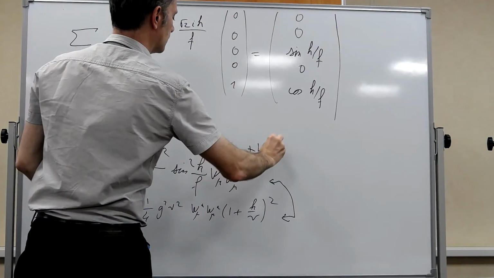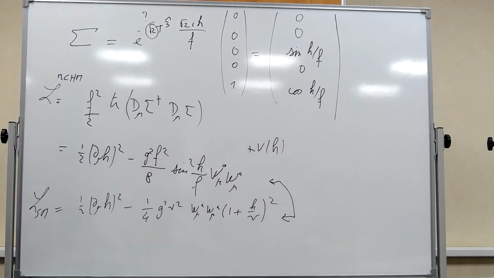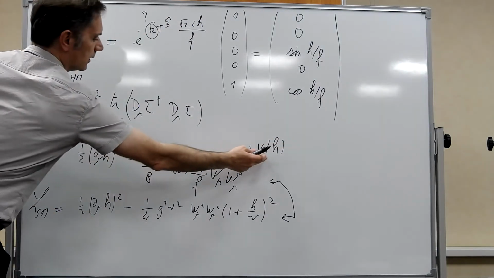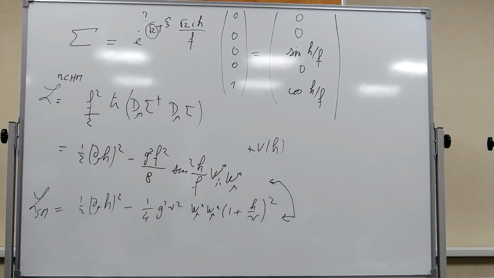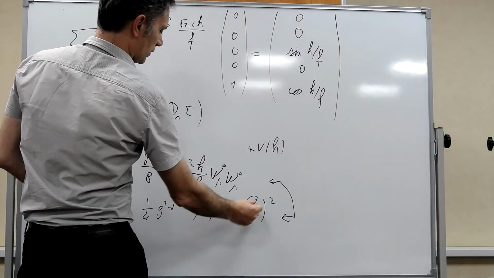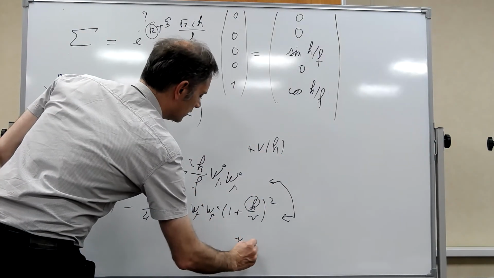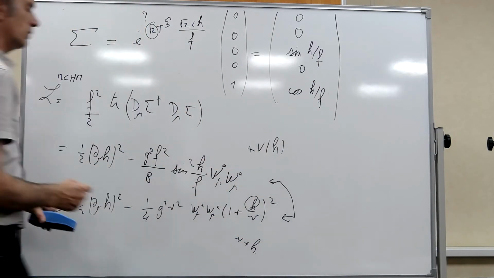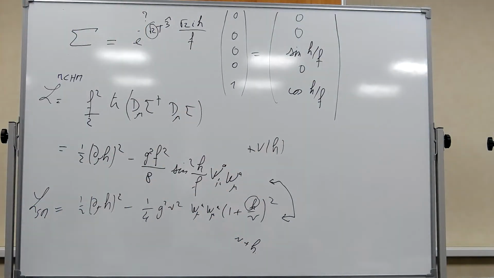So the second derivative will be equivalent: this is also sine of 2H over F. So the derivative will be 2 cos 2H over F, with 1/2 for the expansion, times delta H over F squared, plus, okay?